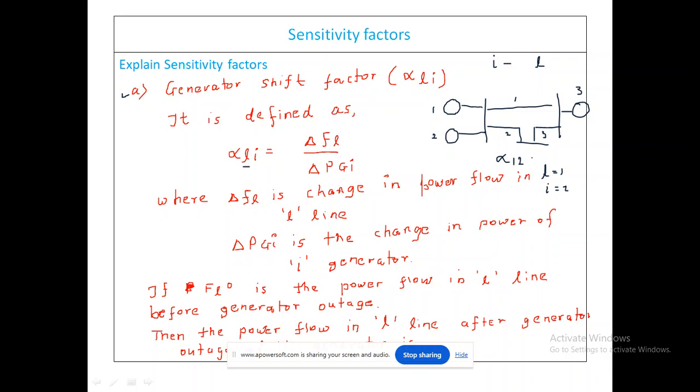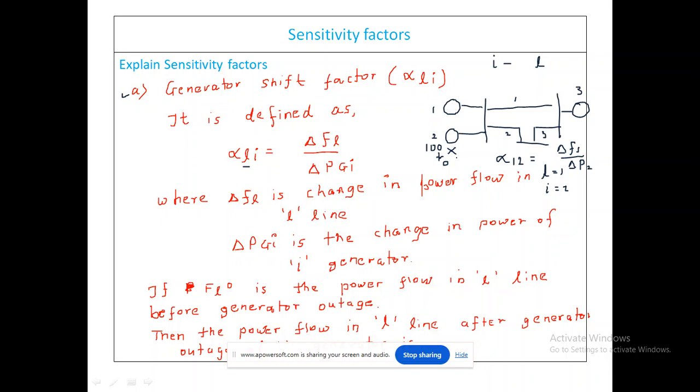So it is equal to delta F1 divided by delta Pg2. What does this mean? Suppose the generator is previously giving 100 megawatt, and now suddenly it is out, shut down, reduced to zero.